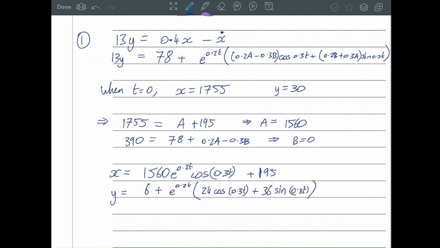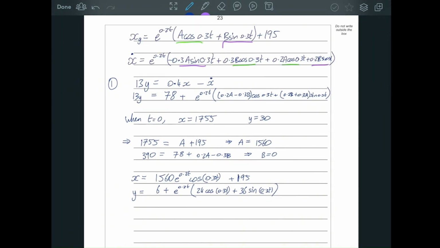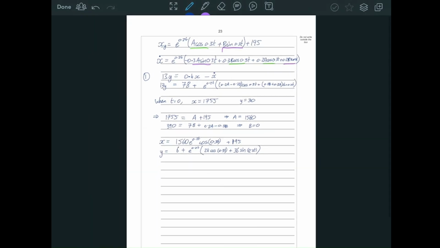And if I sub in t equals 0 into that, I get 6 plus 24, I get the 30. So my initial conditions are at least correct. Again, you'll have to check this very, very carefully in an exam situation. But I trust, other than a silly error, most of that working.